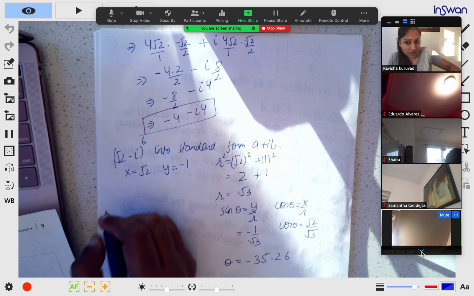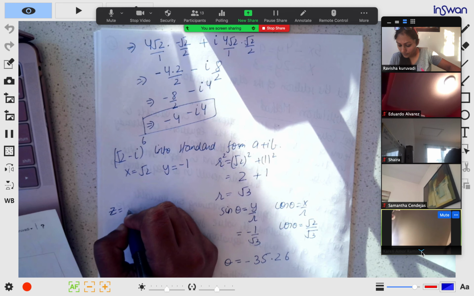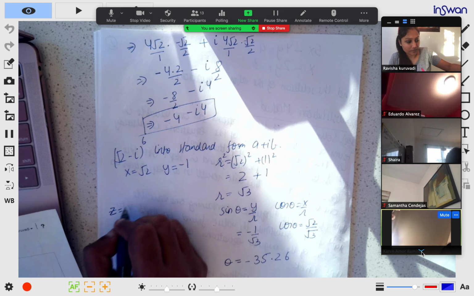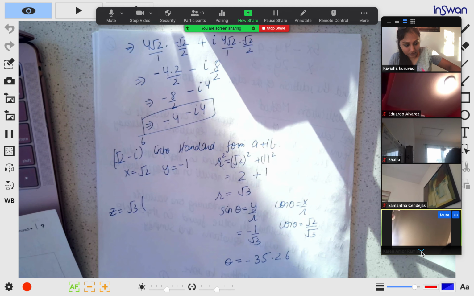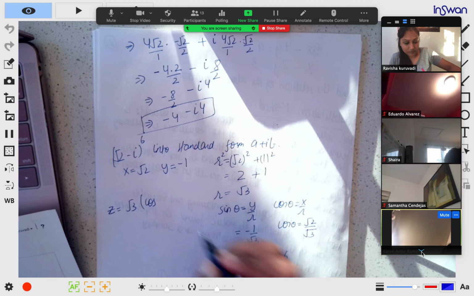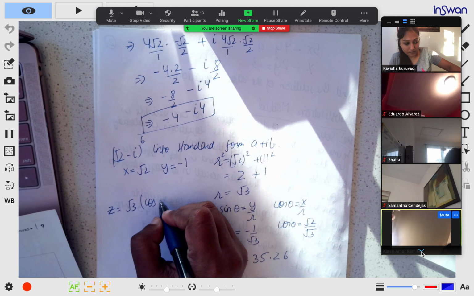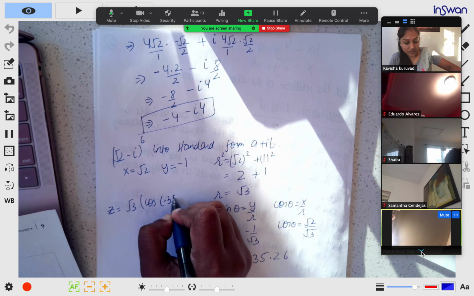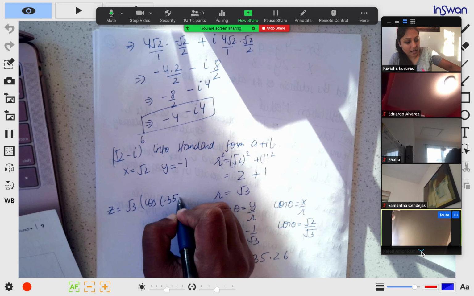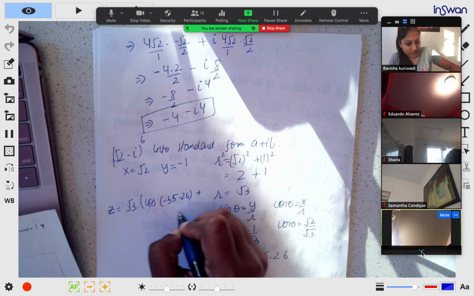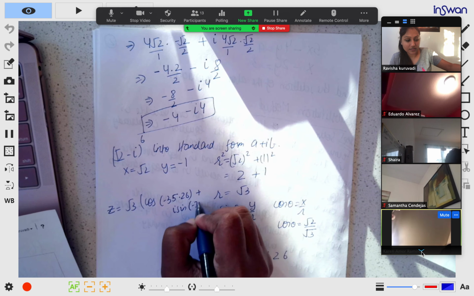So you get z is equal to root 3 multiplied by cosine -35.26 plus i sine -35.26.